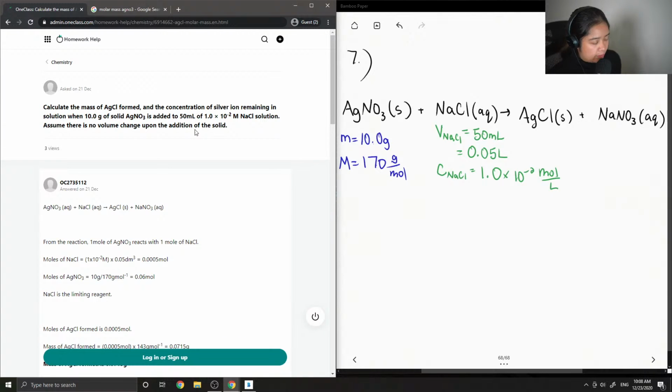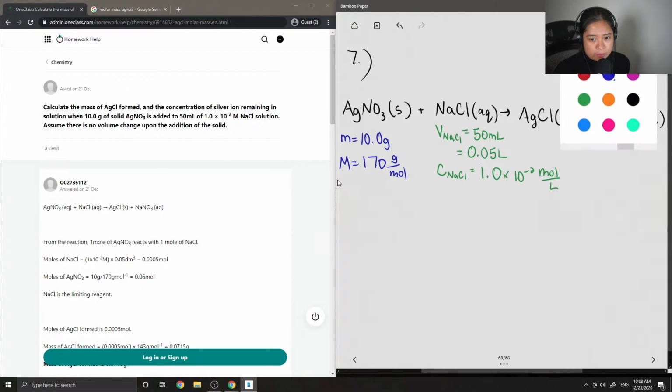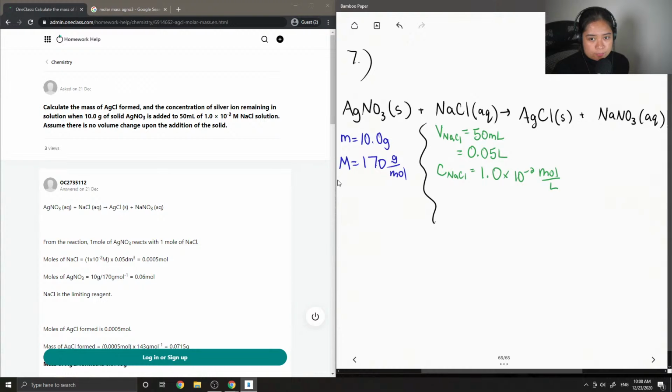And if we were to calculate for the number of moles for this solid, it is n equal to mass over molar mass, which is 10 grams divided by 170 grams per mole.